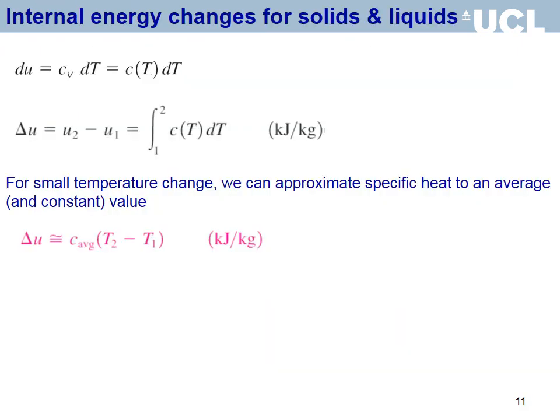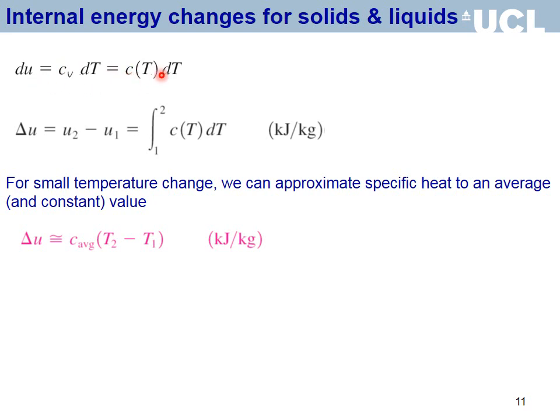So what do we do for liquids and solids? Well, we start with the basic definition, the property relation. Remember, I said the property relations are valid for any material and for any process that they may be undergoing. So du is always equal to Cv times dT. Now, if you are analyzing solids and liquids, I just said that Cp and Cv are equal to each other, and let's say I just call them C, just specific heat.